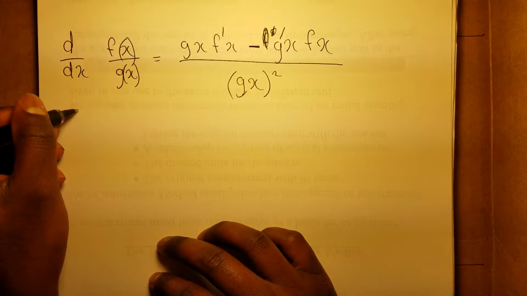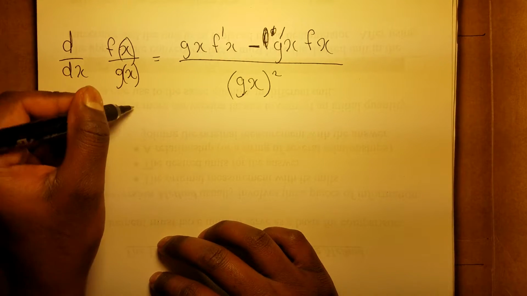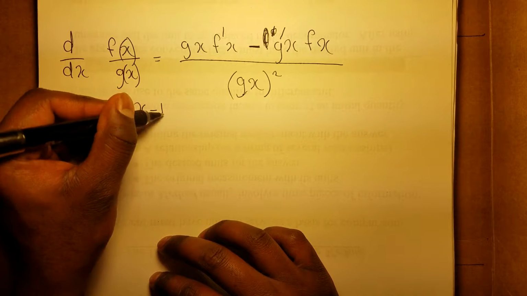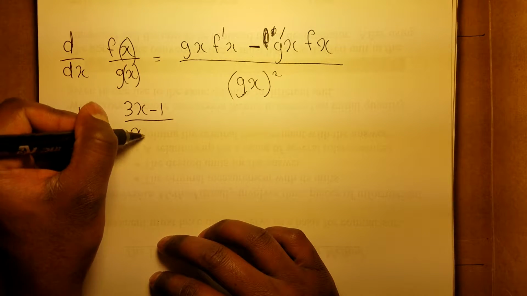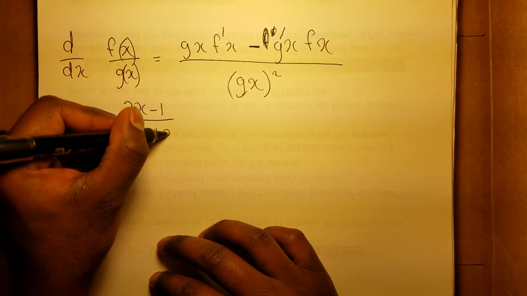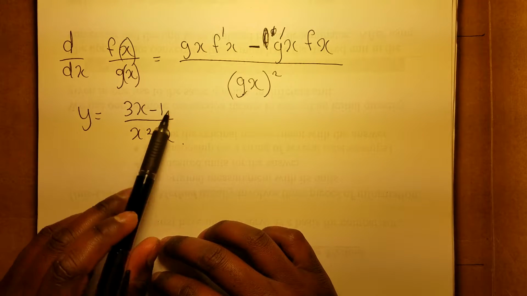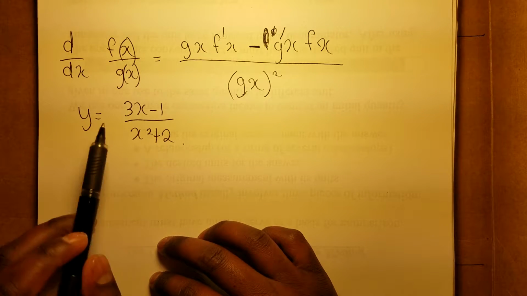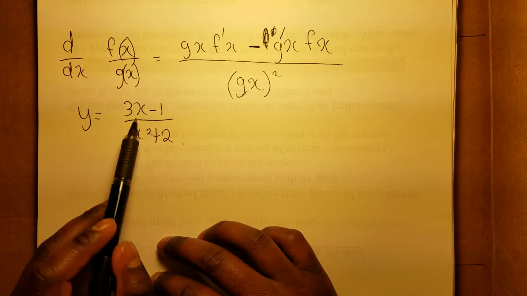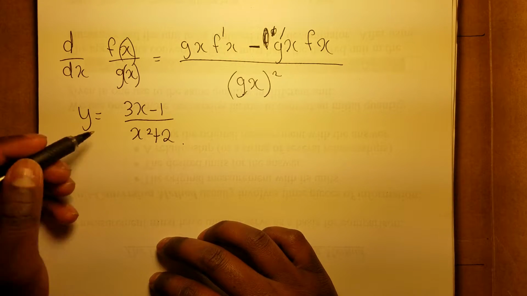So if you have something like this, y is equal to 3x minus 1 over x squared plus 2. What form is this entire function in? Well, that is over something, so it's a quotient function. So use the quotient rule.